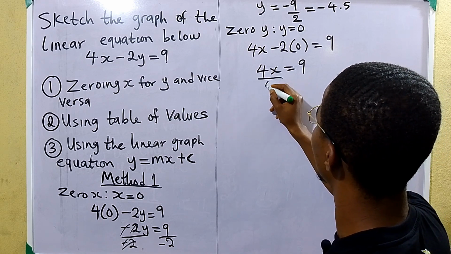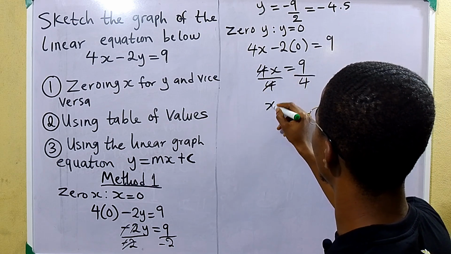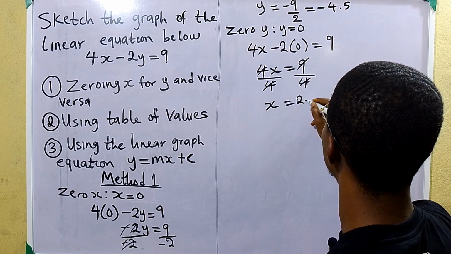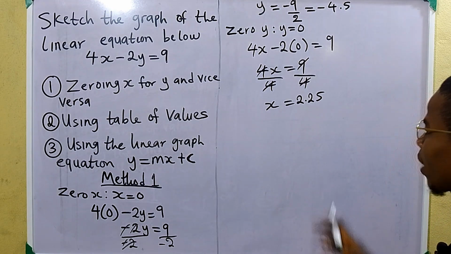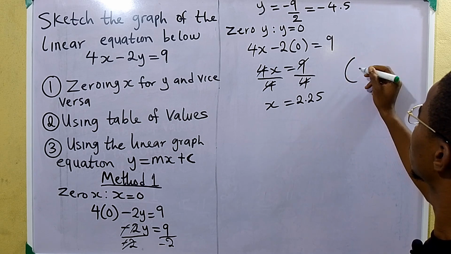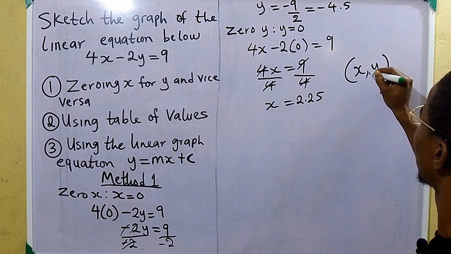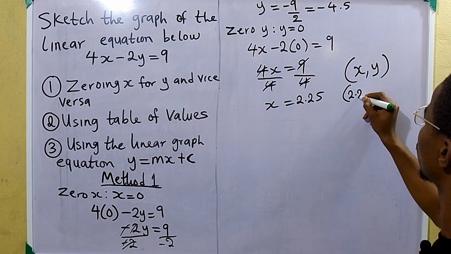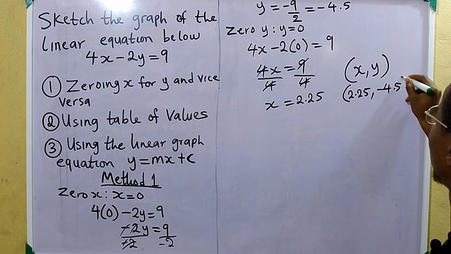So we divide both sides by 4. 4 cancels 4 here. x equal to 9 over 4, which is 2.25, positive. Now with these two data, we know that normally a point is for x and y. So our x for this graph is 2.25 and our y is minus 4.5.